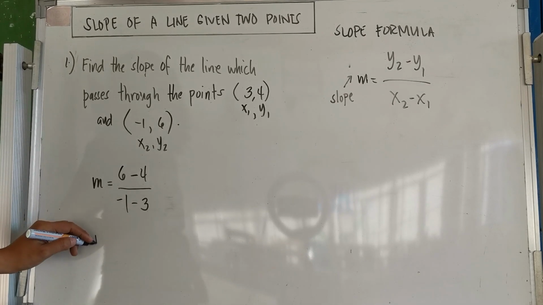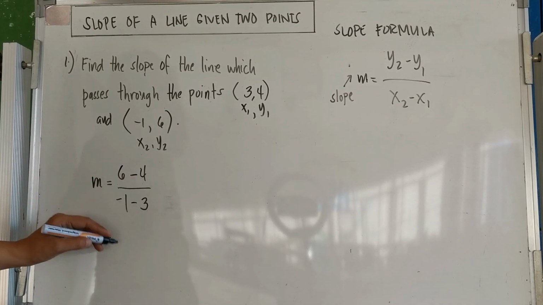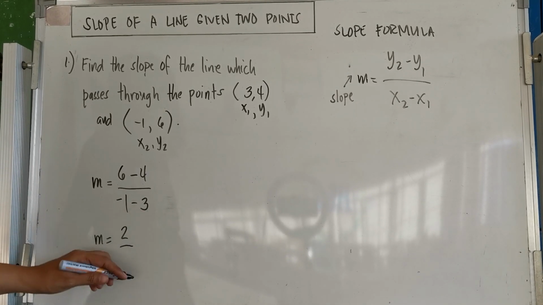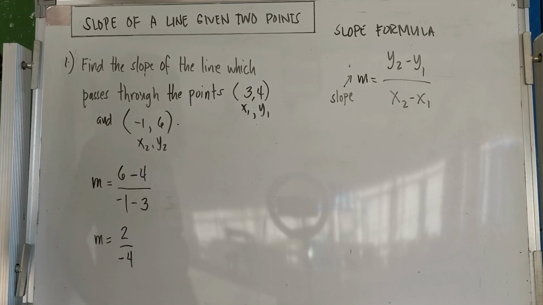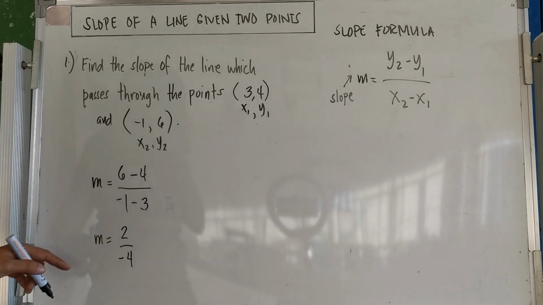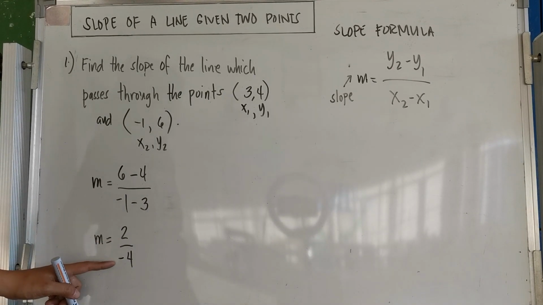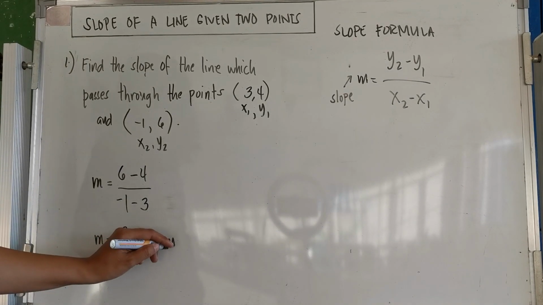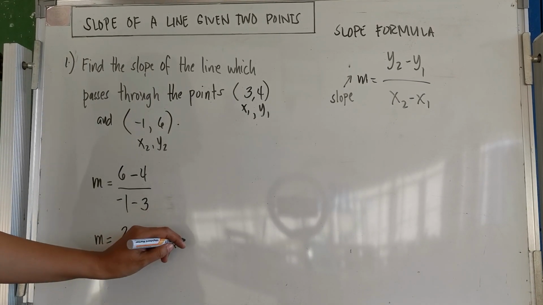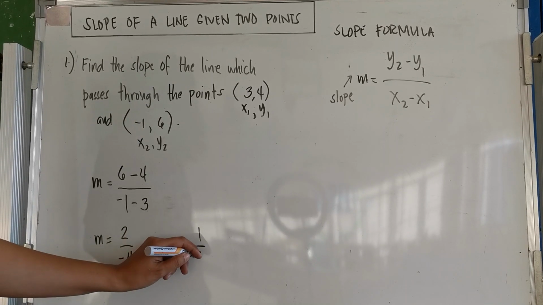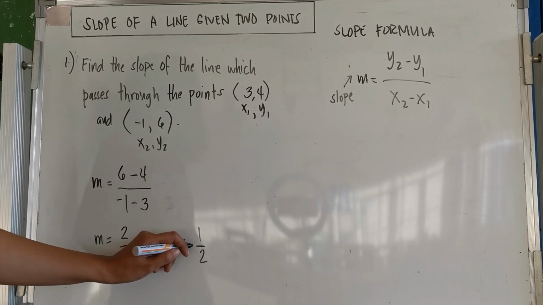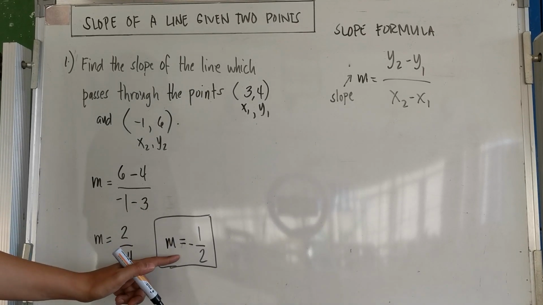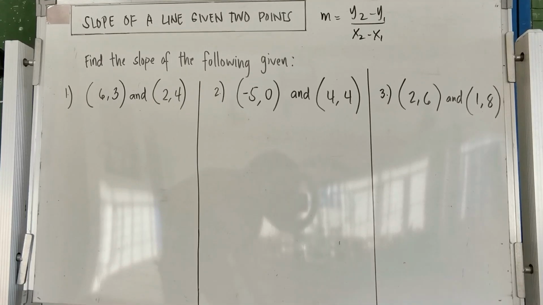We have m is equal to 6 minus 4 is 2 and negative 1 minus 3 is negative 4. If we're going to simplify 2 over negative 4, we have m is equal to 1 over negative 2 or negative 1/2. Okay, this is now our slope.